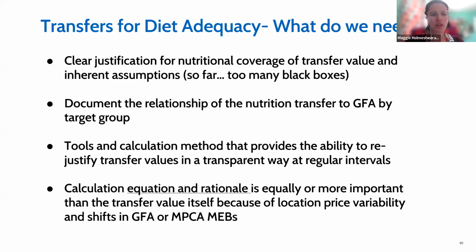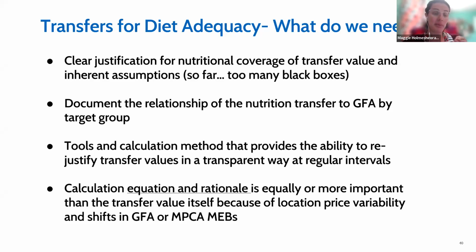So we needed a tool and calculation method that would provide the ability to re-justify the transfer values in the future. So it's not a single implementer that's doing these transfers. It's a group of implementers, some INGOs, some local NGOs, some civil society organizations, and some UN agencies.